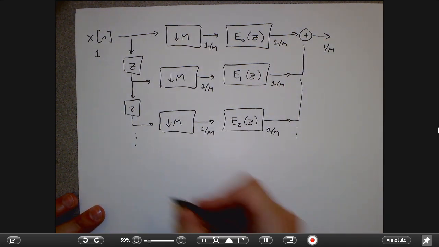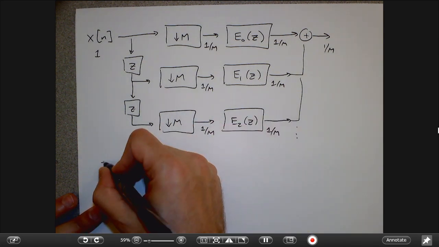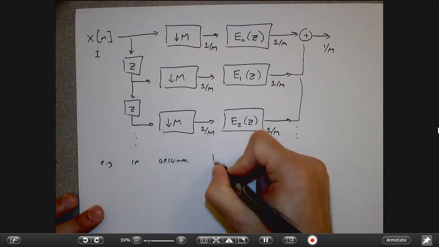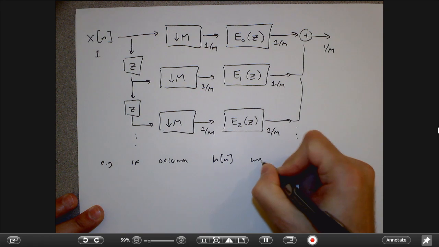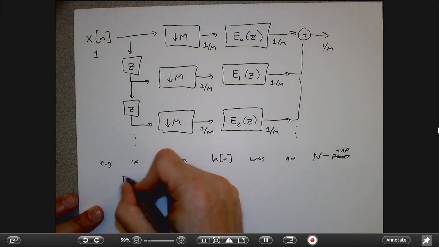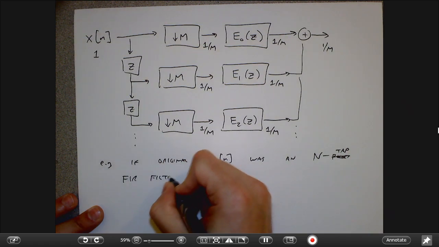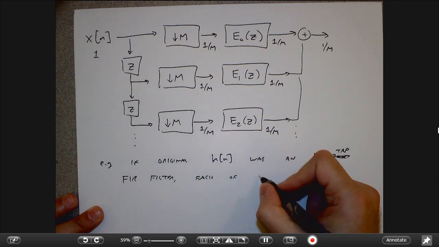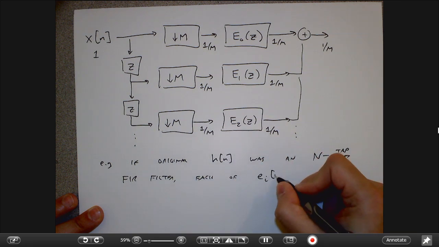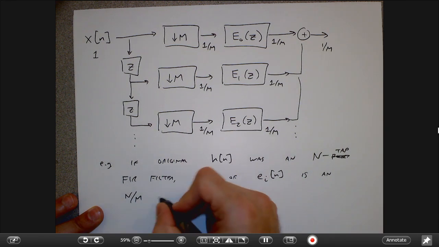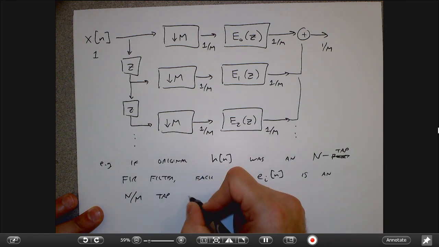So the idea is that suppose that if my original H of n was, say, an N point or an N tap FIR filter, each of these E_i of n's is an N over M tap filter.